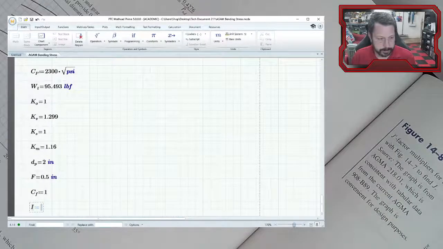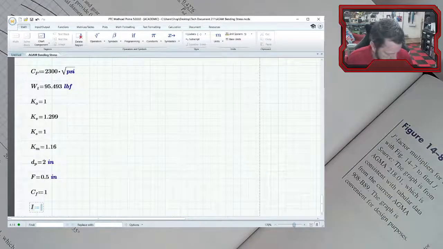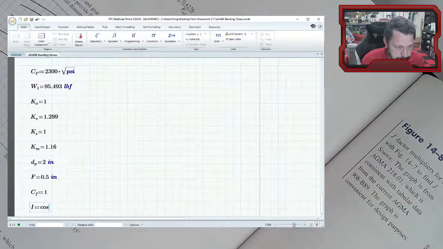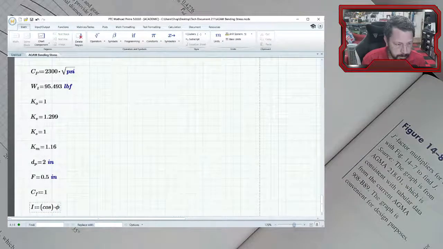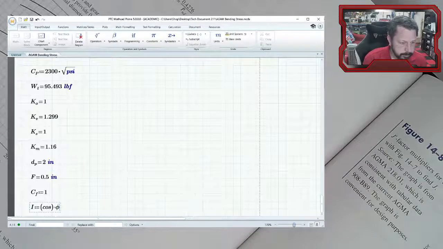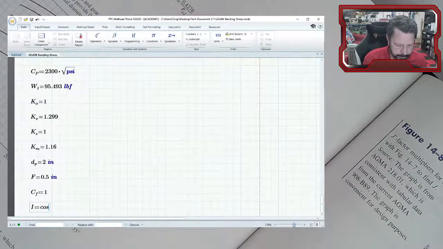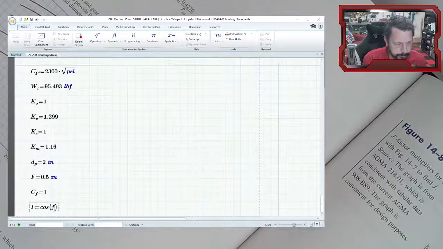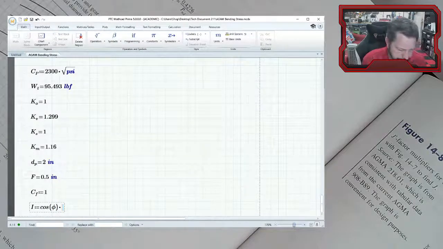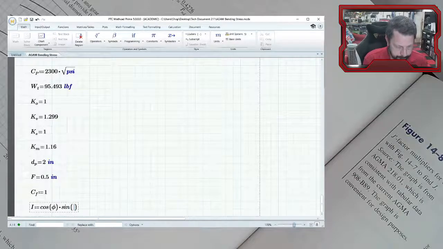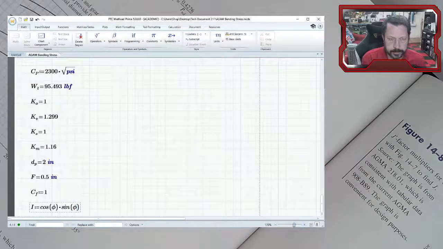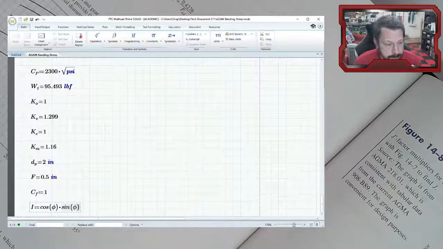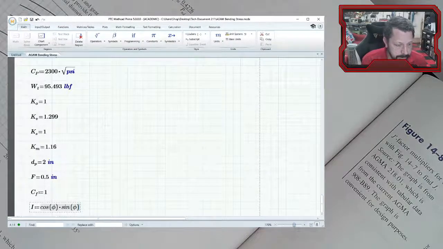All right, so this will give us I. We already have I written. I equals cosine, times, let's see, sine for our pressure angle. I did define our pressure angle already. Ours was 20 degrees. Remember, there are 3 common ones: 20 degrees, 25 degrees, and 14.5 degrees.